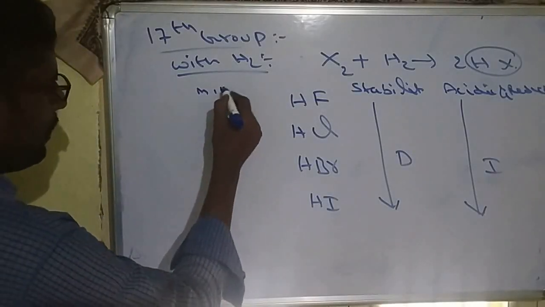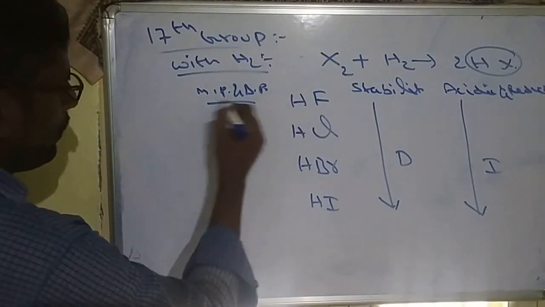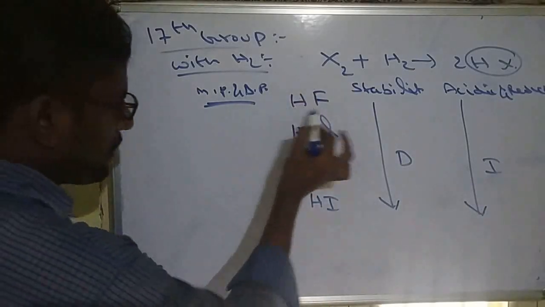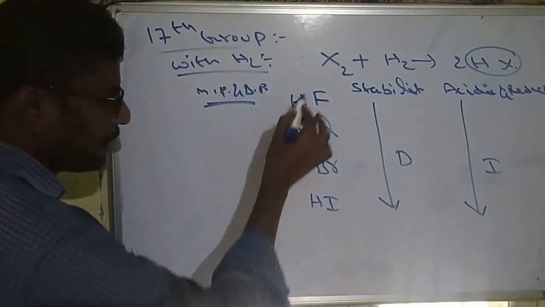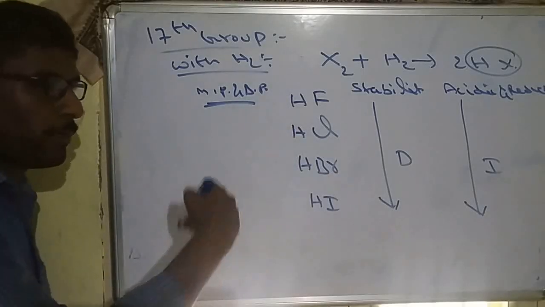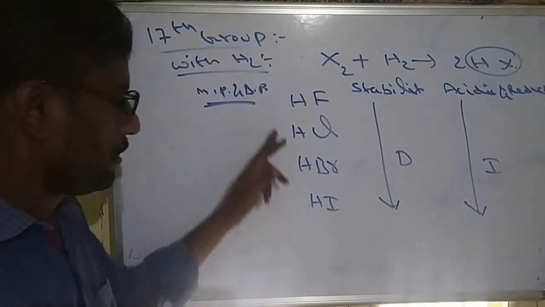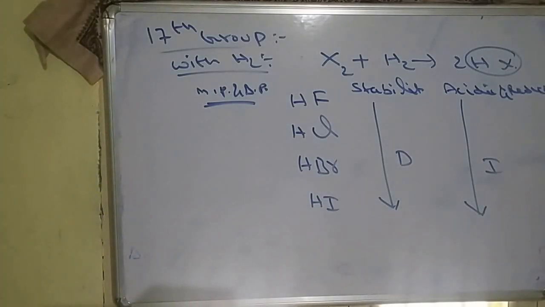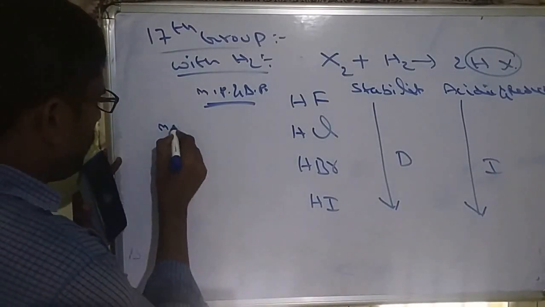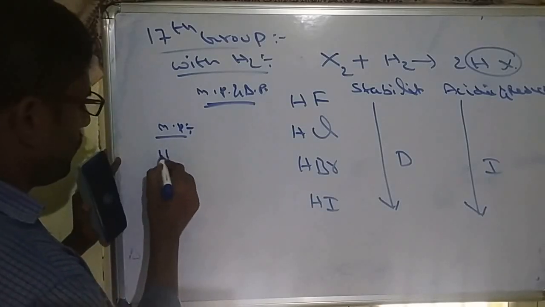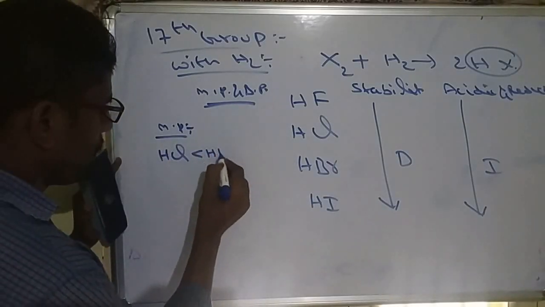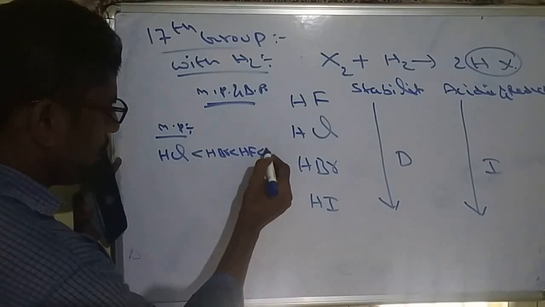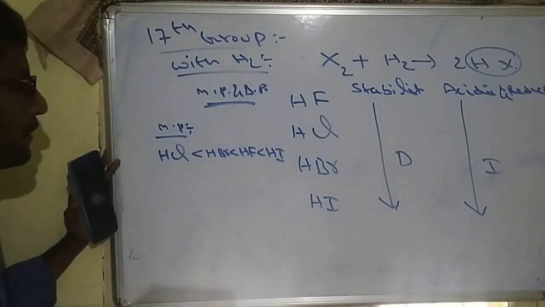So the same about melting point and boiling point. HF has hydrogen bonding, as we know. So because of hydrogen bonding, its boiling point and melting point become high values. The remaining increase from top to bottom. So the order will be, in melting point: HCl, HBr, HF, and the highest will be HI.